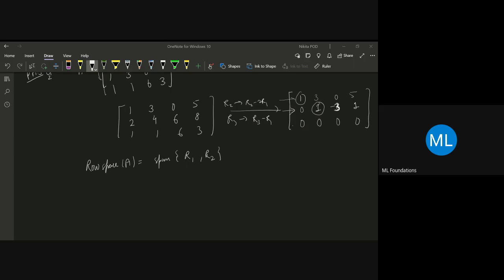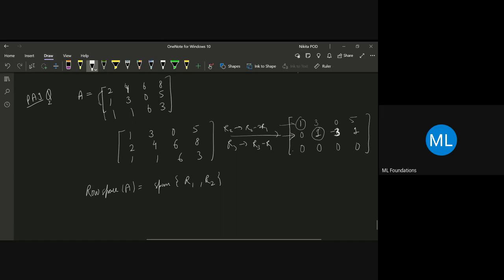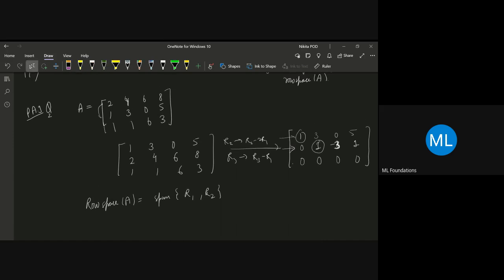Have I done it correctly? In the column space, we took the original columns of the matrix, but here we have taken the reduced rows of that matrix and the span of those. That's the difference.